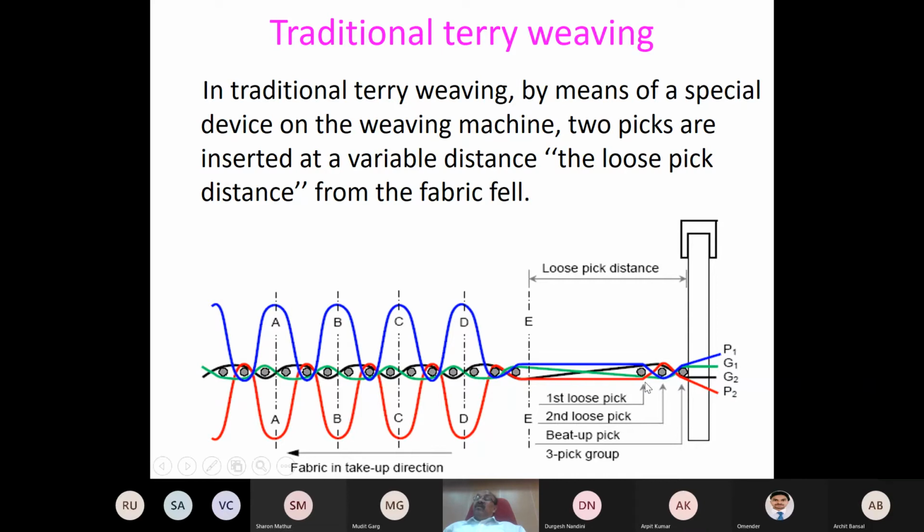At this point, when the beat up is taking place, the low tension warp gets buckled to make this loop, whereas high tension warp, they remain straight and accommodate or interlace these 3 weft yarn as you see here, and they join to the main frame of the woven fabric next to the fell of the cloth.